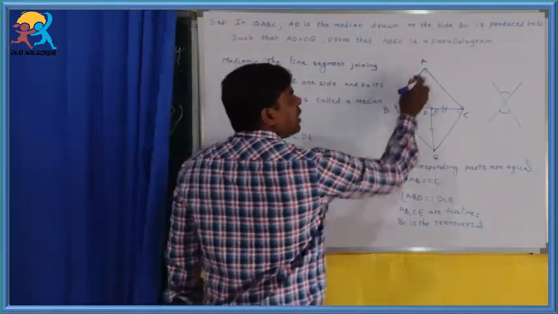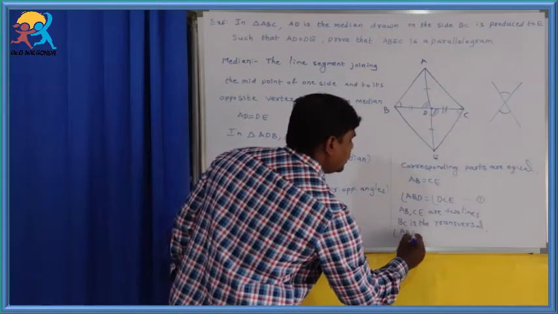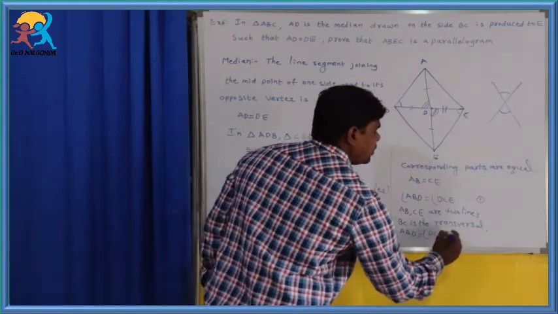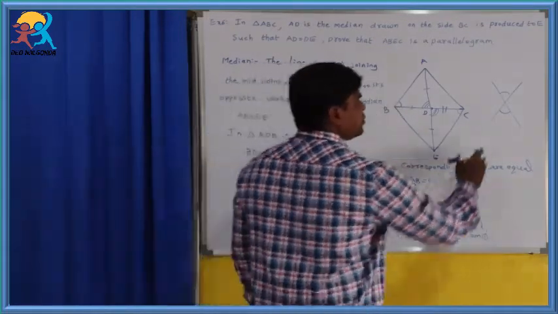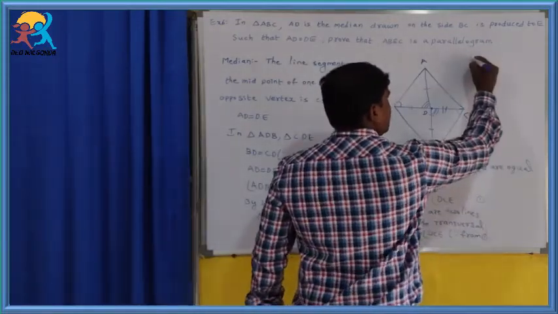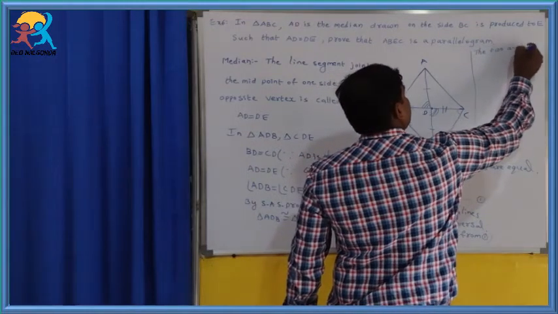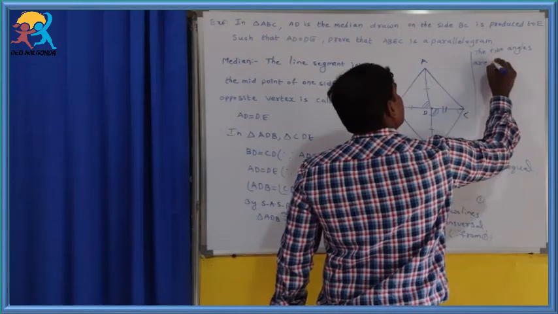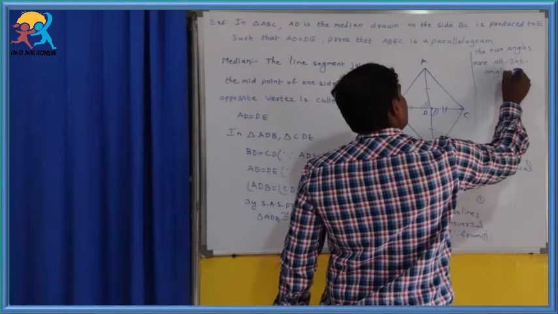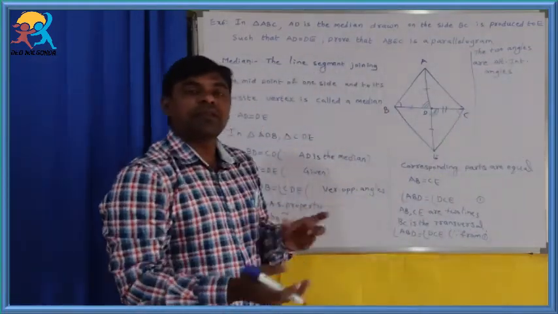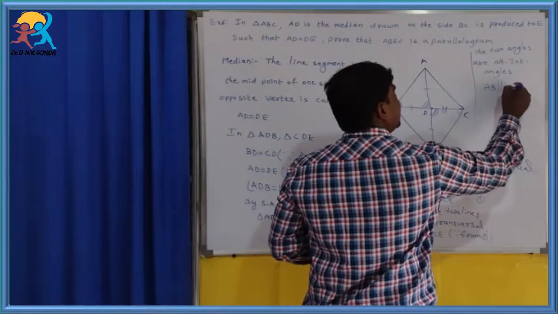So I am writing angle ABD is equal to angle DCE, since from 1, and these two are alternate interior angles. The alternate interior angles are equal only when the two lines are parallel. So now I am writing AB parallel CD.